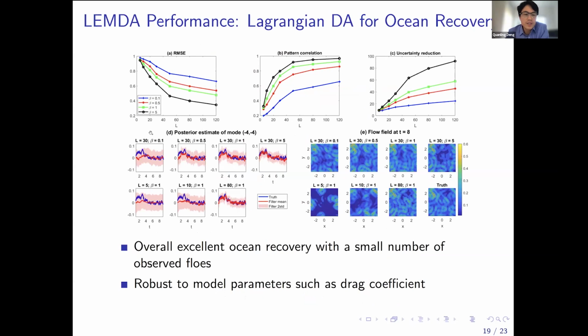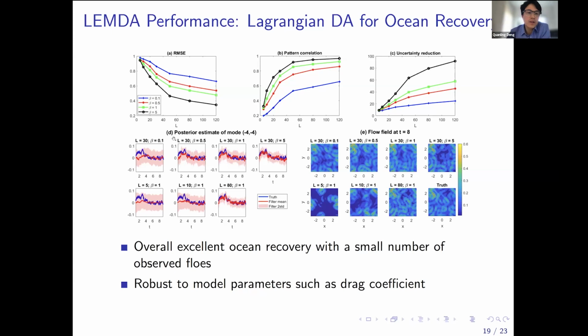Say we have 30 particles. This beta here shows us the ocean drag coefficients. We have from small drag coefficients, 0.1, to some larger ones, to look into how this data assimilation works in different scenarios.